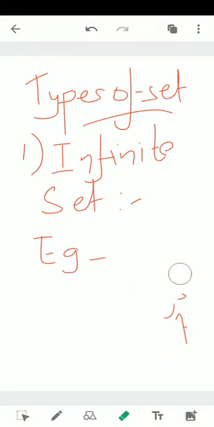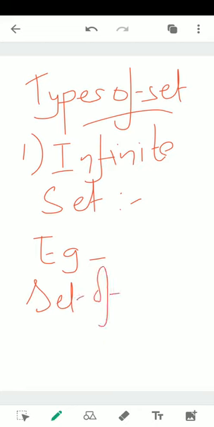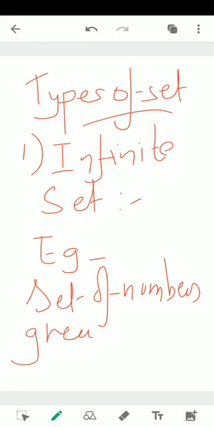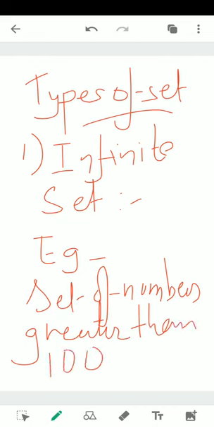If I say a set of numbers greater than 100, there will be unlimited number of numbers, right? 101, 102, 103, 104, and it will go on. So in this case, I can say that this set will have infinite number of elements. Thus, this set is called an infinite set.